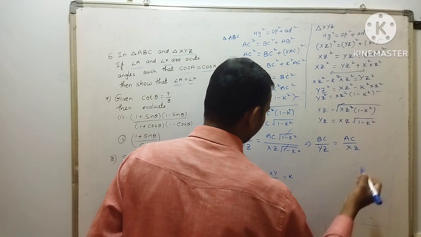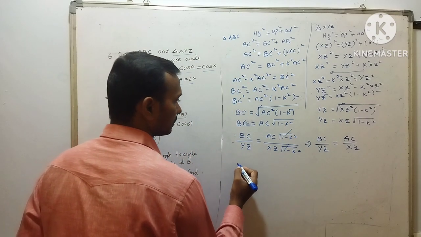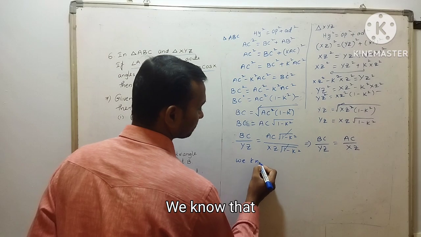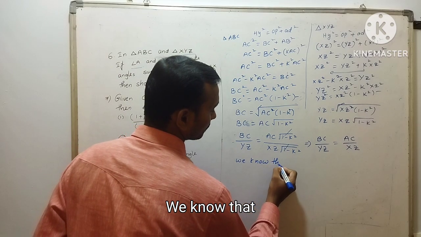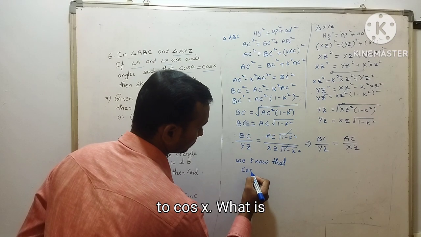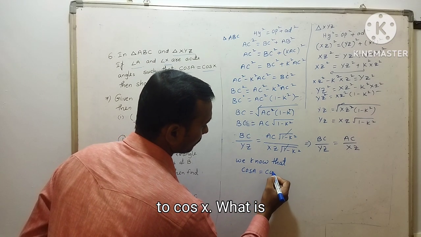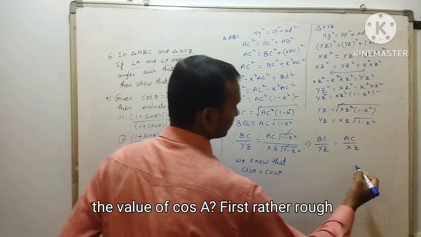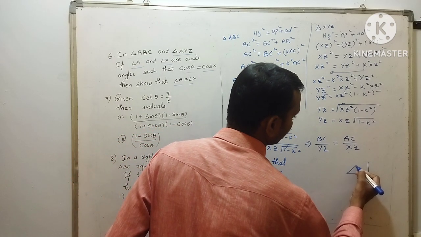AC by XZ. We know that cos A is equal to cos X. What is the value of cos A? First, draw the rough sketch.